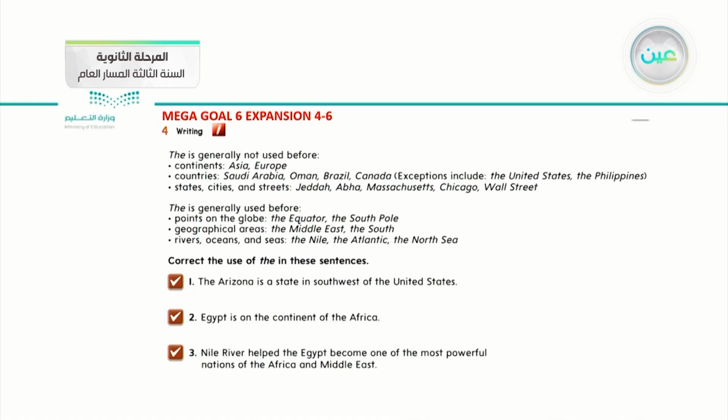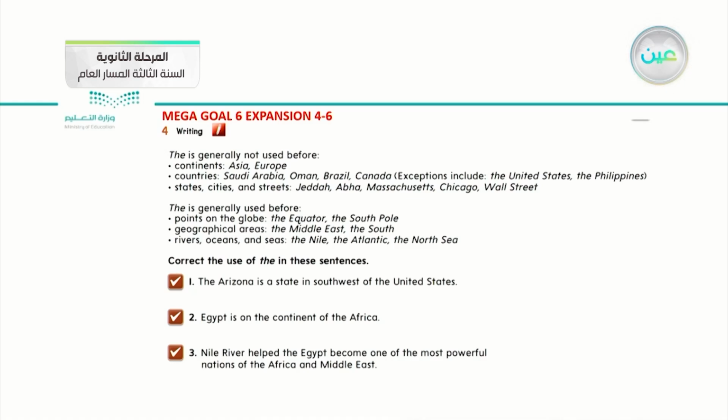Number 2, countries. Saudi Arabia, Oman, Brazil, Canada, but there are some exceptions. What do we mean by exceptions? So for these exceptions, we can use "the" with them, as in the United States, the Philippines, and so on. Cities and states, cities and streets: Jeddah, Abha, Massachusetts, Chicago and Wall Street.